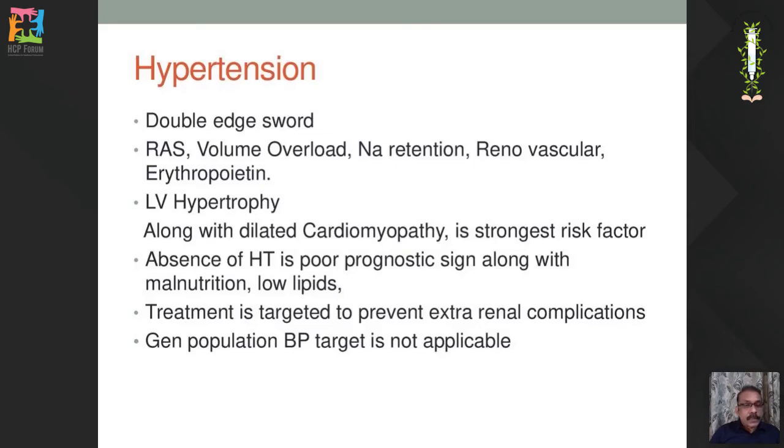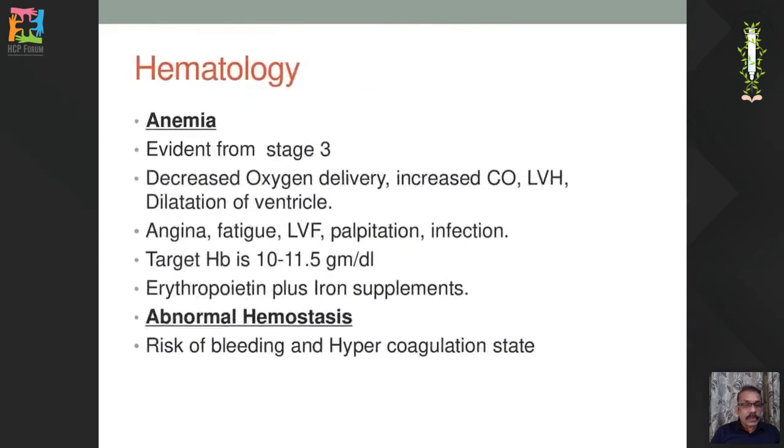And treatment is targeted to actually prevent the extrarenal complications like in any other general population, like cardiac risk or neurological risk. But the BP target, although guidelines say that 130/80 or 140/80, is not applicable because usually they go beyond the autoregulation level.